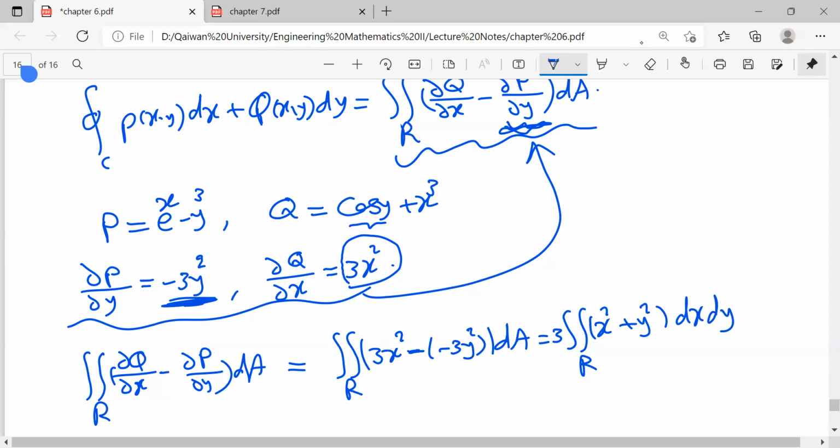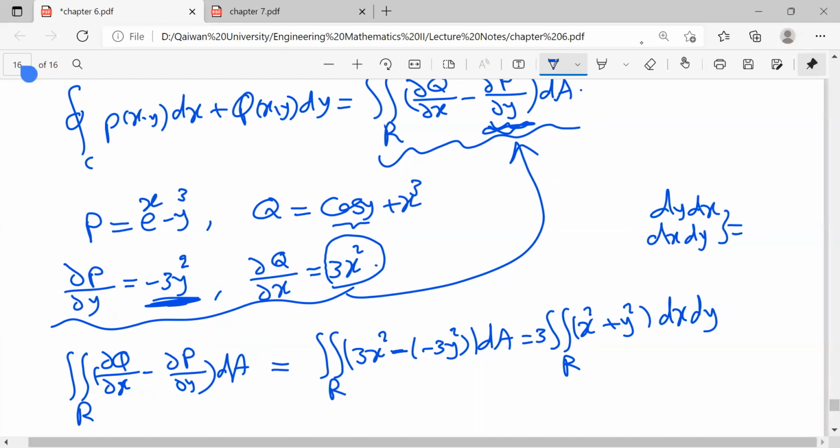Now here it's easy to convert this double integral to polar form. In polar, we have r and theta. dy dx or dx dy is equal to r dr d theta, and x squared plus y squared equals r squared.